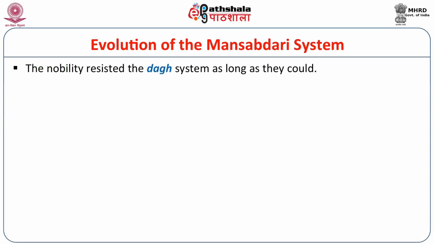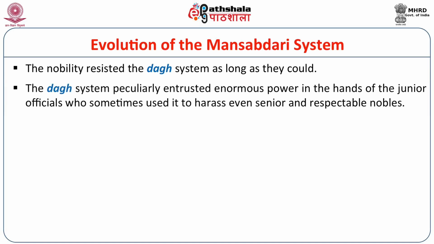The nobility resisted the Dag system, obviously, as long as they could. The Dag system peculiarly entrusted enormous power in the hands of the junior officials, who sometimes used it even to harass the seniors and respectable nobles, because they are the ones who maintained the rule book.